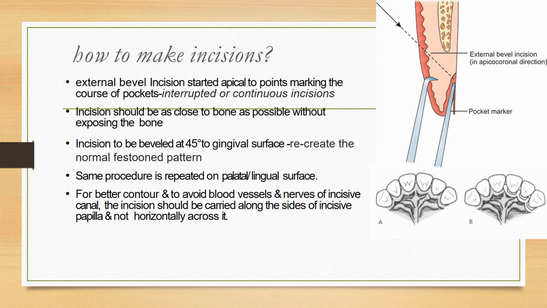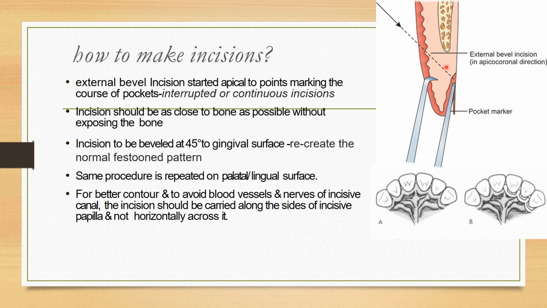So how to make the incision? As we told, this external bevel incision will be given, starting apical to the points marking the course of the pockets. This can be either continuous or interrupted incisions. It should be as close to bone as possible without exposing the bone. As we told, this incision should be beveled at 45 degrees to the gingival surface.